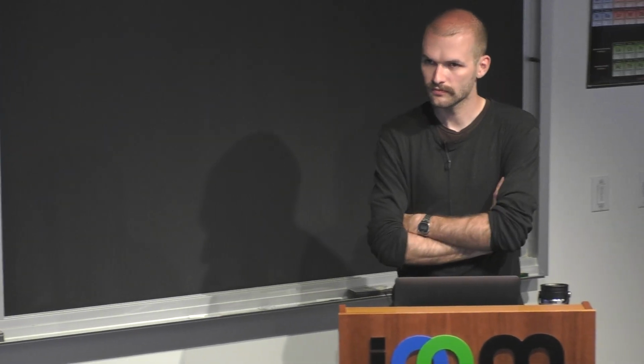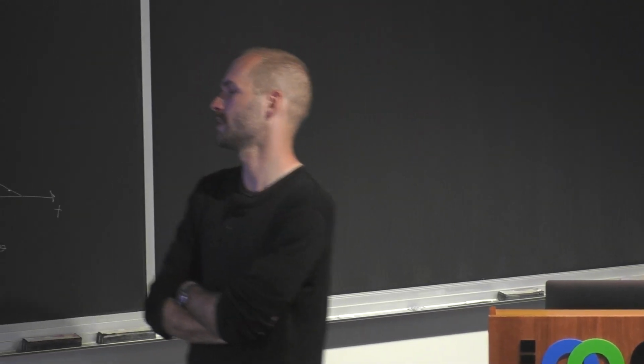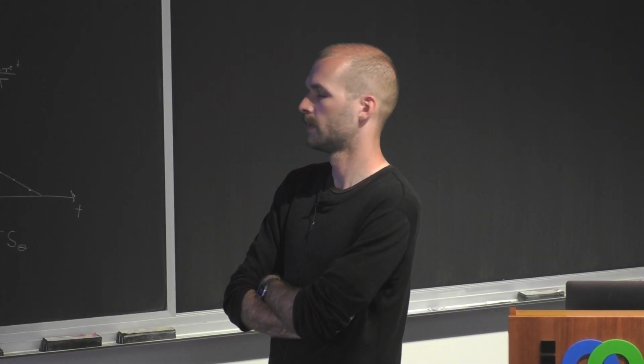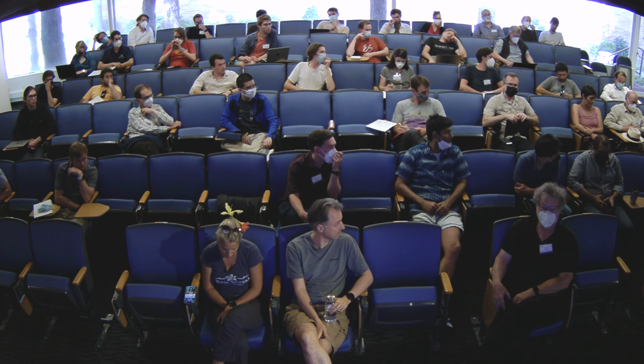Did you try to put DMC on top of it and see how much more you get out of it? No, we did not. One hopes it'll be almost exact because it's a one-dimensional system. It's not exactly 1D, but it's very close to 1D.